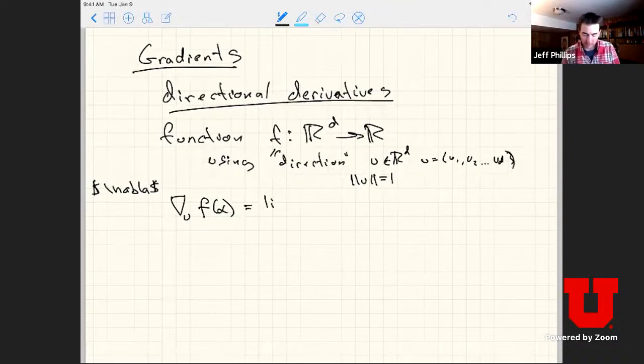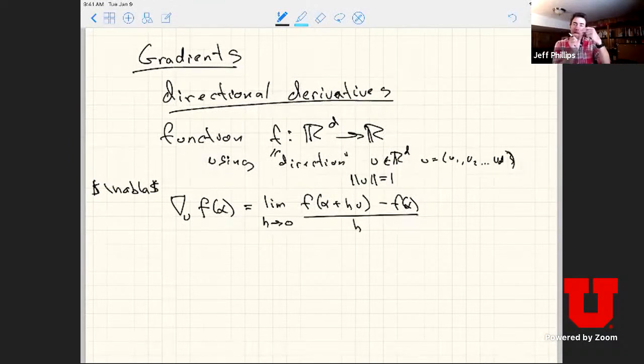It's defined similarly to the derivative: f of alpha plus h times u, minus f of alpha, divided by h. As h goes to 0, I'm seeing the infinitesimal change in the function value in the direction u.